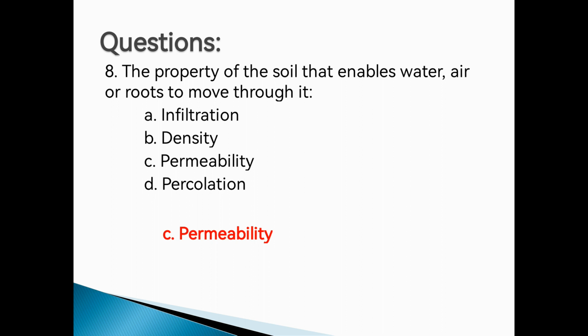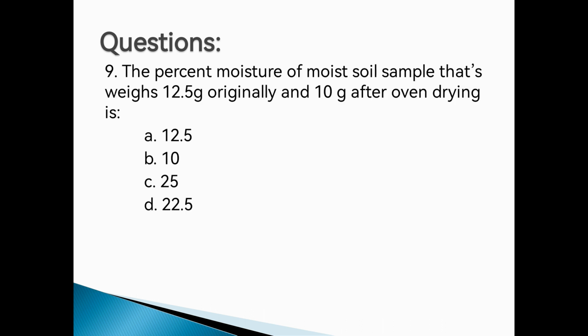Permeability. Question number 9. The percent moisture of moist soil sample that weighs 12.5 gram originally and 10 gram after oven drying is A. 12.5, B. 10, C. 25, D. 22.5.